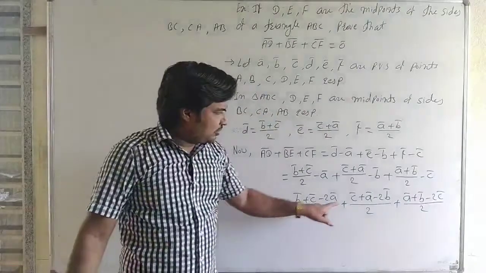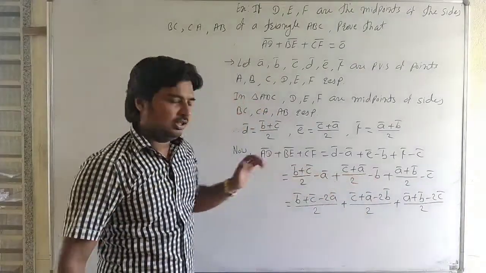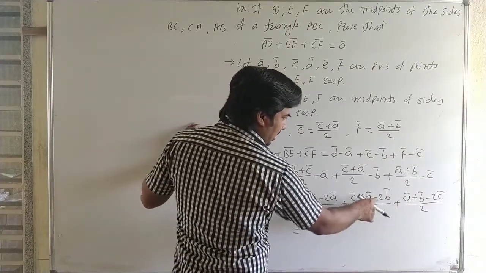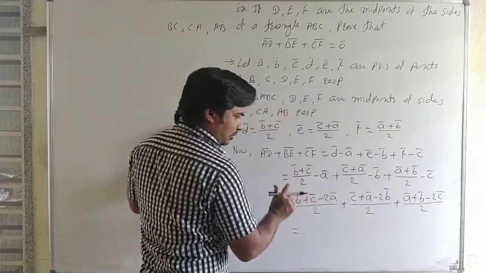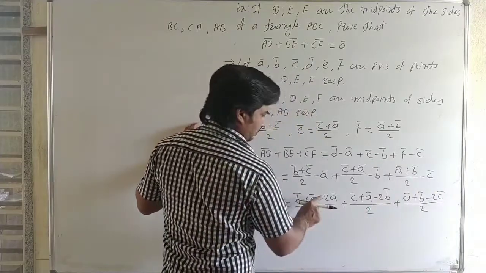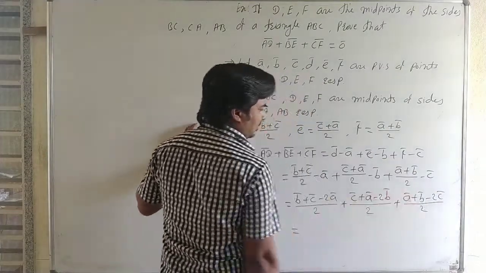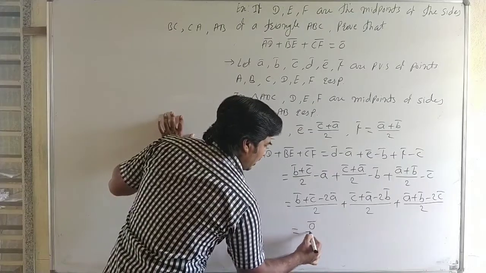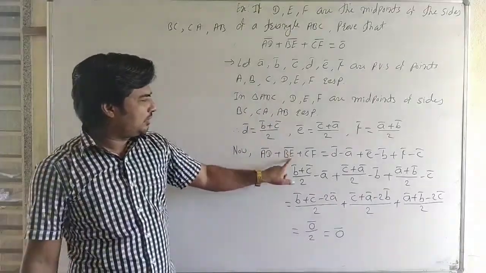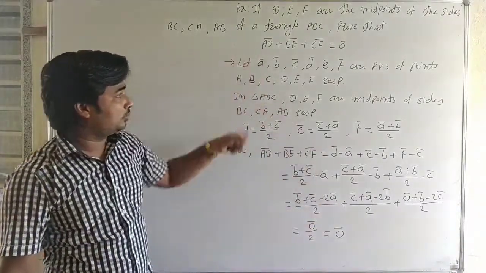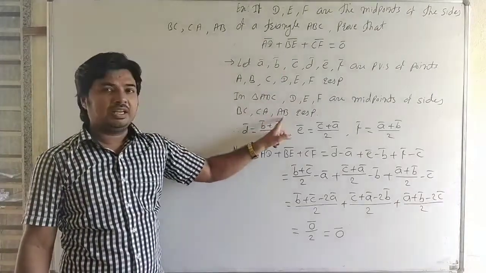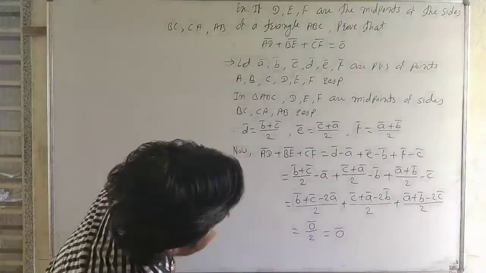Here the denominator is the same, therefore adding the numerators: B bar and minus 2B bar plus B bar cancel, C bar plus C bar minus 2C bar cancel, minus 2A bar plus 2A bar cancel. Therefore it is 0 bar upon 2, that is 0 bar. Therefore AD bar plus BE bar plus CF bar is equal to 0 bar. It is the proof, where D, E and F are the midpoints of sides BC, CA and AB. Now you see next.